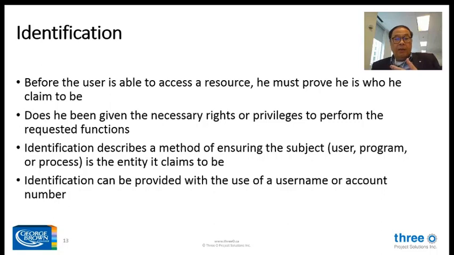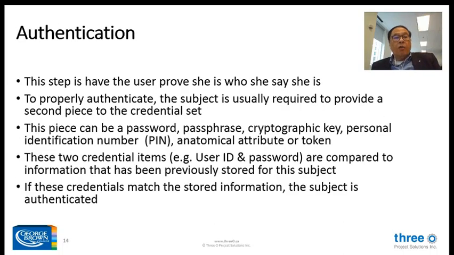a password, okay? As I mentioned, identification is like a username or account number. Authentication is the step to prove the user is who she says she is. So I say, I am Michael Kwan 123, that's my user ID, and then the system will say, okay, prove it.